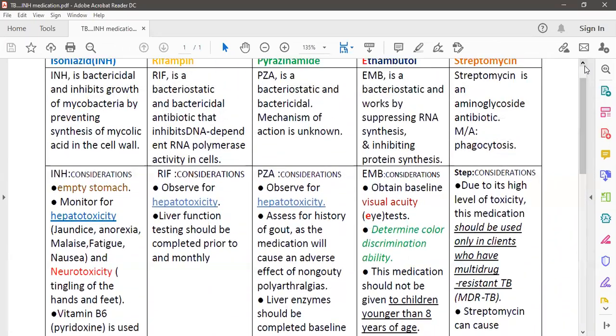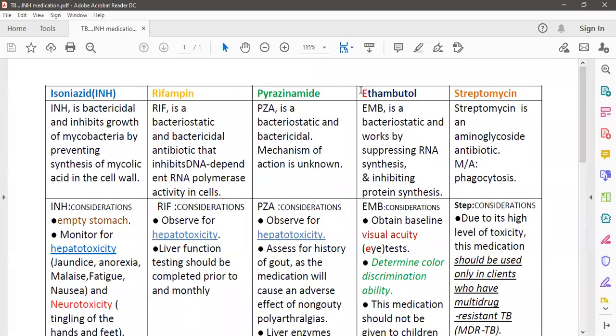the ethambutol. Ethambutol starts with the letter E and it causes eye problems. So we should check the visual acuity. Basically, ethambutol reduces visual acuity.